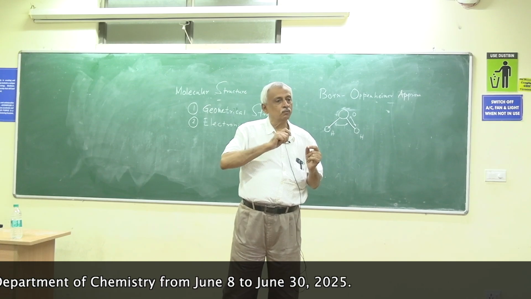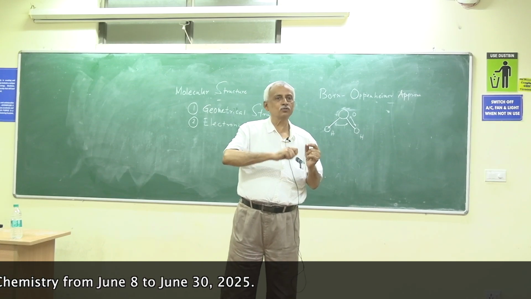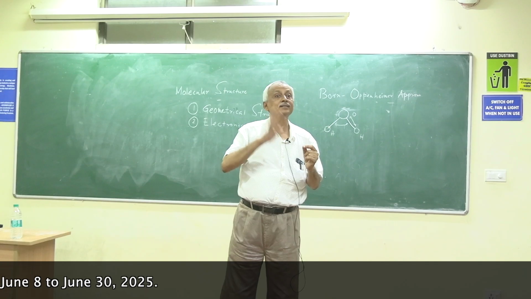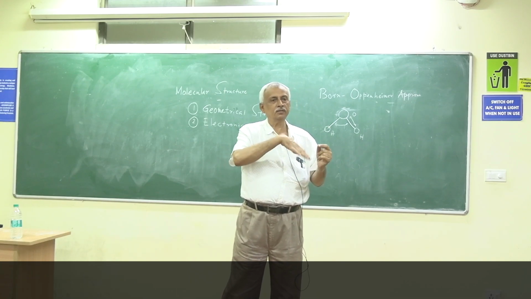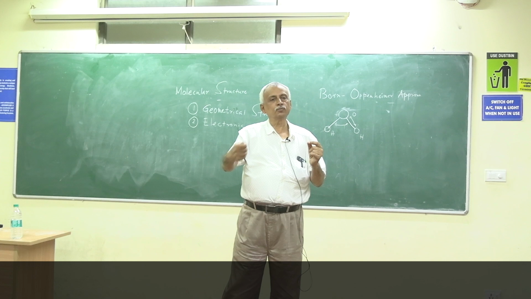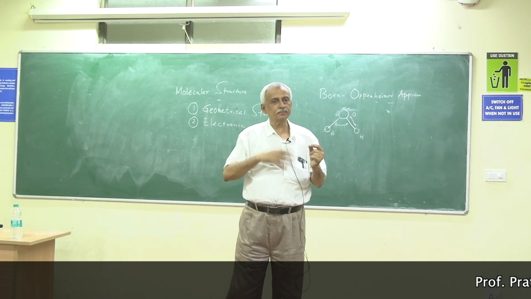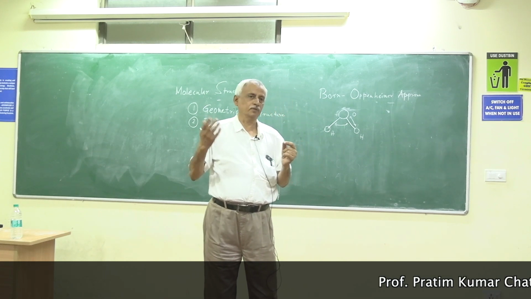When one electron moves from one place to the other, which we call electronic transition, here you have some electron distribution. When it moves, you have another electron distribution. That means you are having a different wave function now.